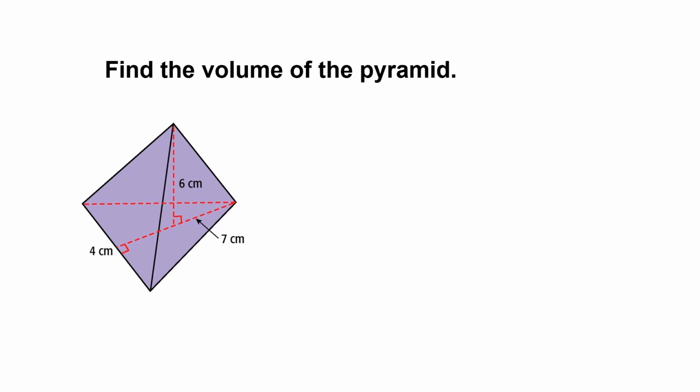How do we find the area of a right angle triangle? That's right, half multiplied by the base multiplied by the perpendicular height. So go ahead and find the volume of this pyramid.